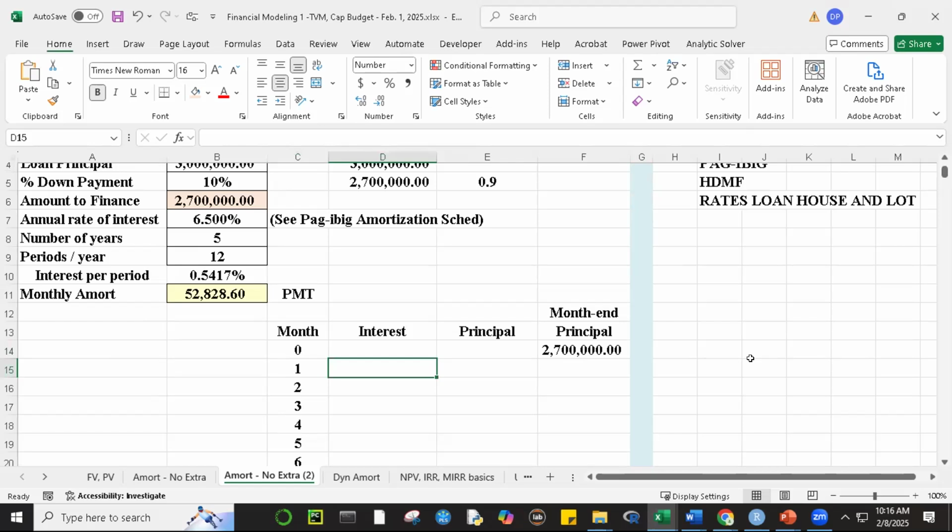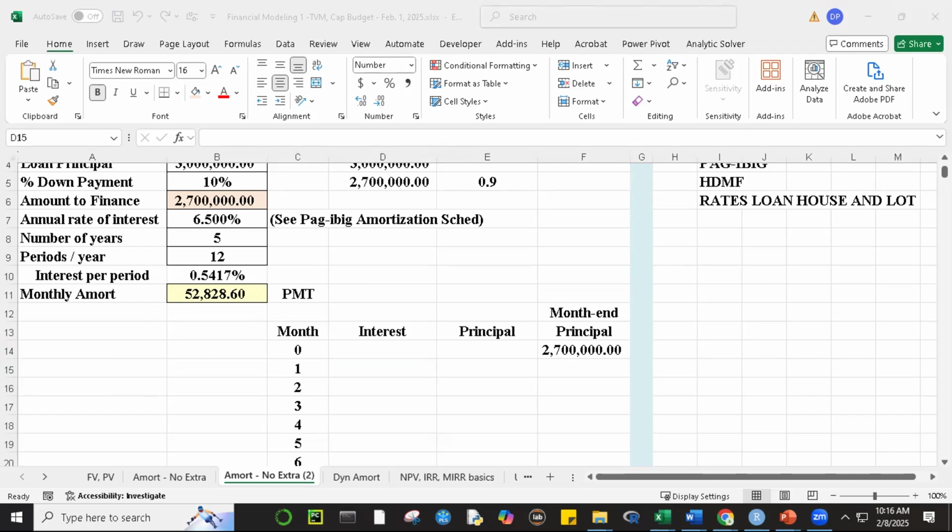Okay, let me pause for a while and allow you to catch up. I might be going too fast. When you have this other table here, please chat yes so that we can continue. What we're doing is comparing the difference between a 30-year term loan and a 5-year term loan.